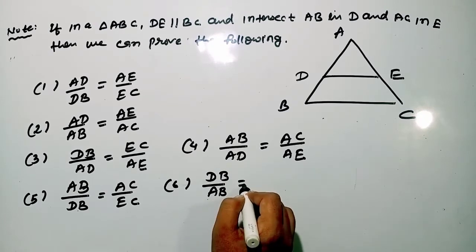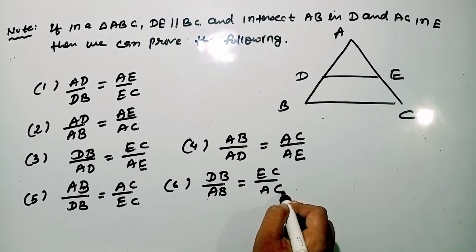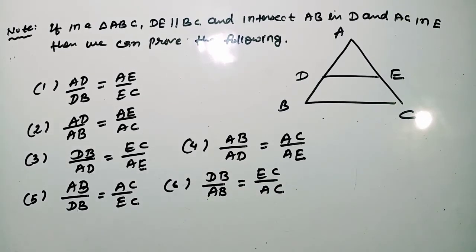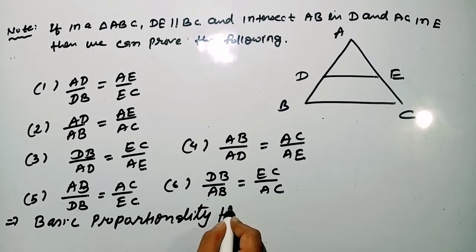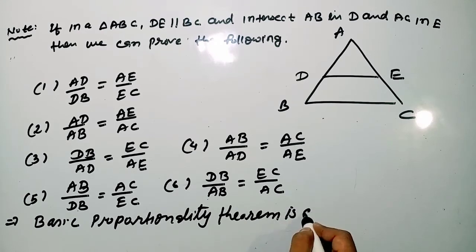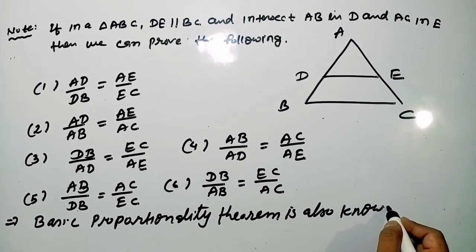Sixth, DB upon AB is equal to EC upon AC. Right students, these are the results which will be helpful to calculate the sums. These results can be proved on the basis of BPT. Earlier I told you that the basic proportionality theorem is also known as Thales theorem.